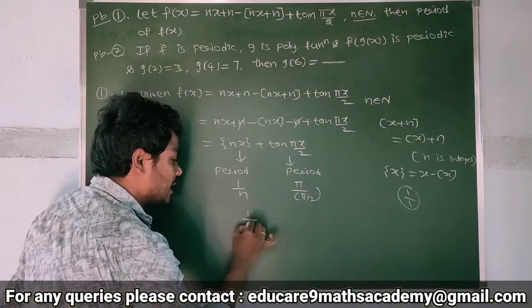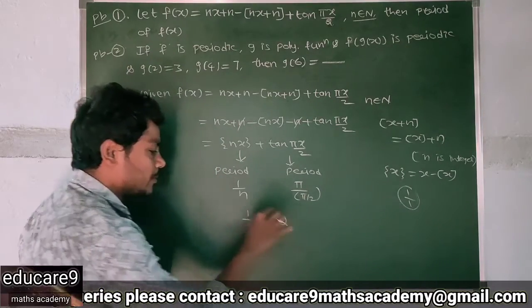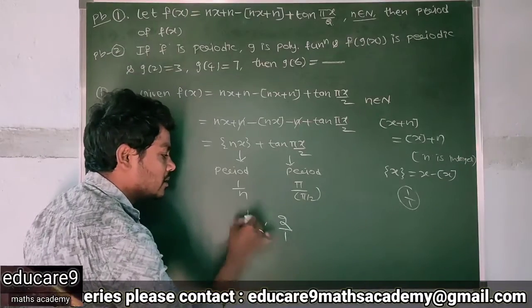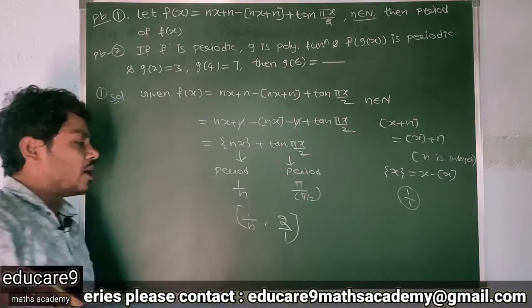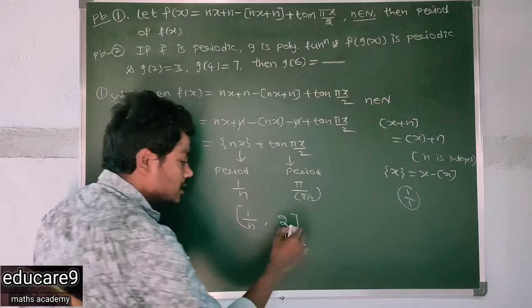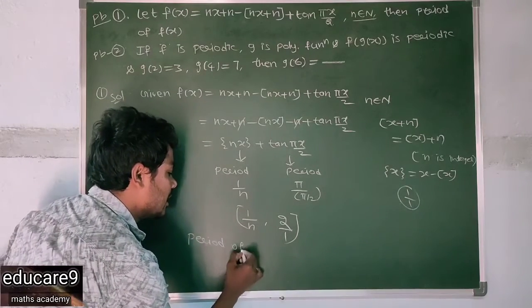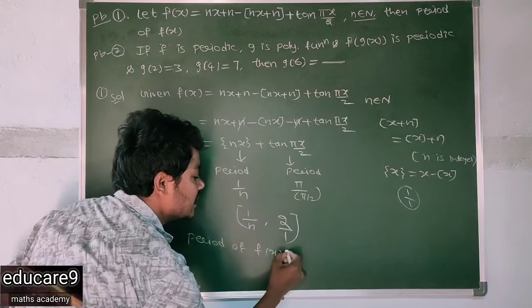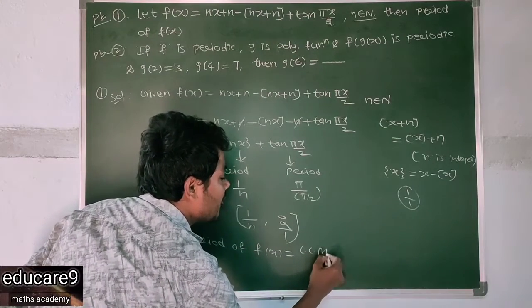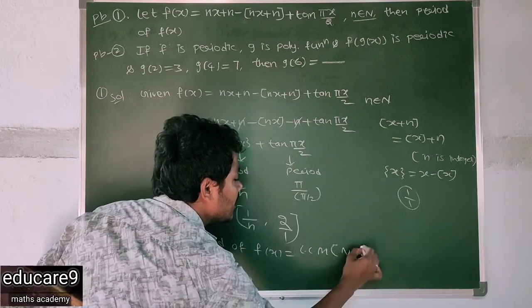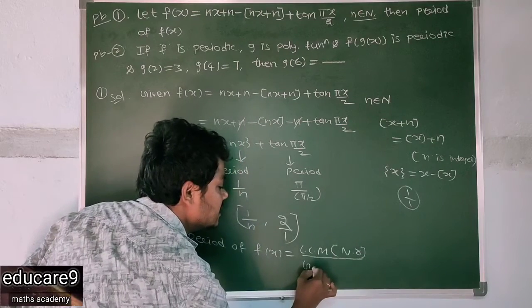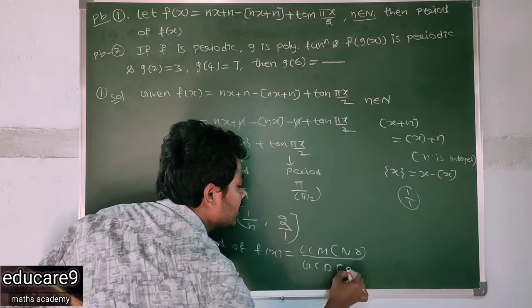So here 1 by n, 2 by 1. So for this you want to find a period. Therefore period of f of x is equal to LCM of numerators by GCD of denominators.